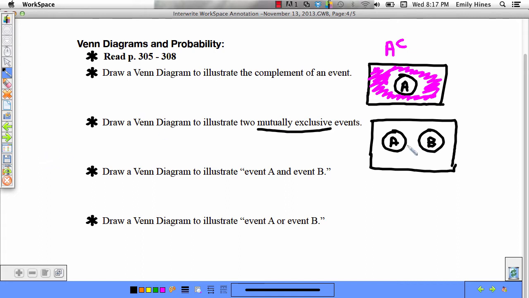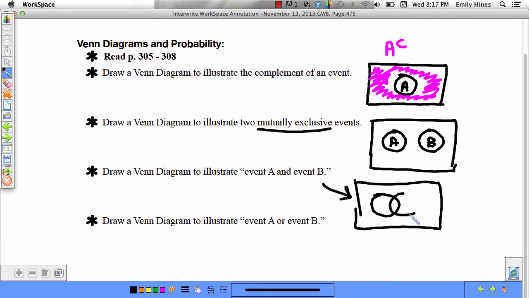So there's no overlap because that's what the overlap in event diagram represents. So like for this one, if I'm talking about A and B, they overlap, and the and is represented by the overlap. This is the only time when they both occur. So that's the only space. Things that occur in there are the only things that could be represented by A and B.